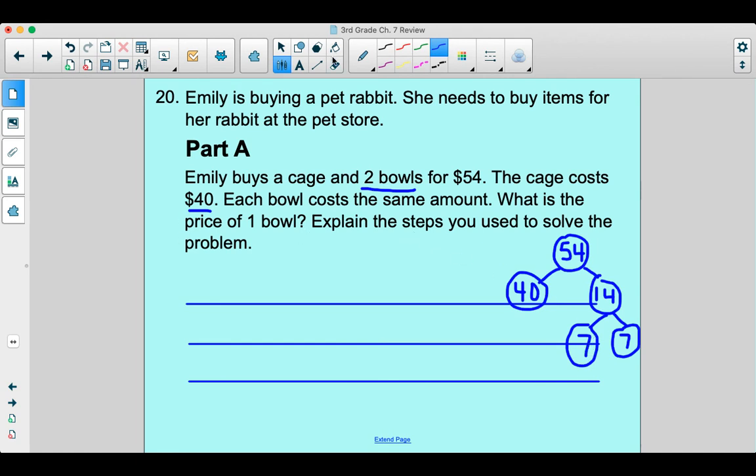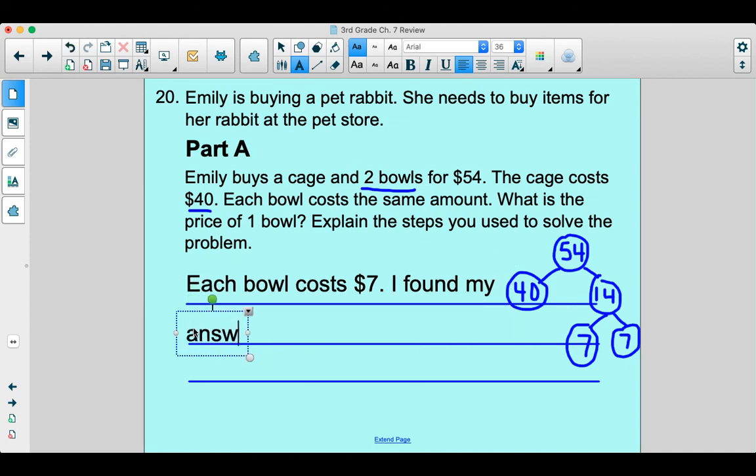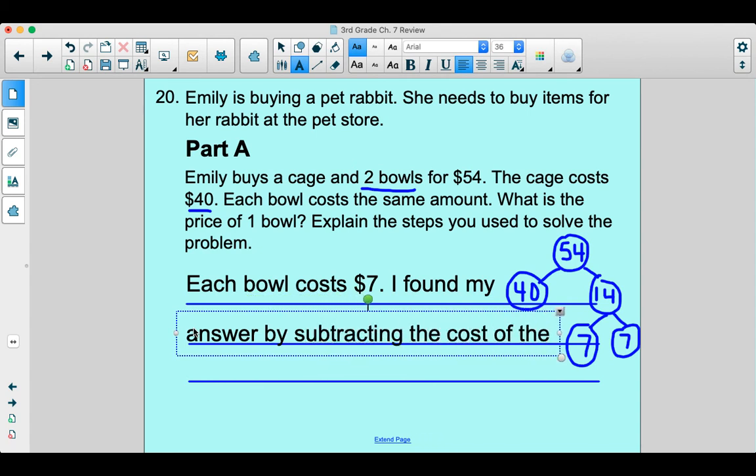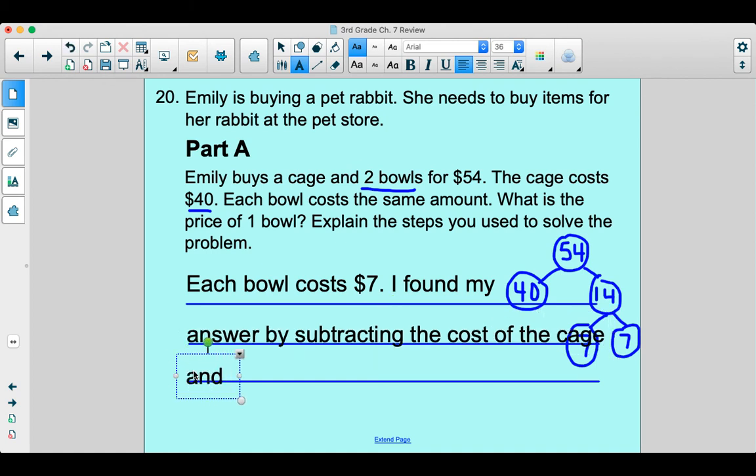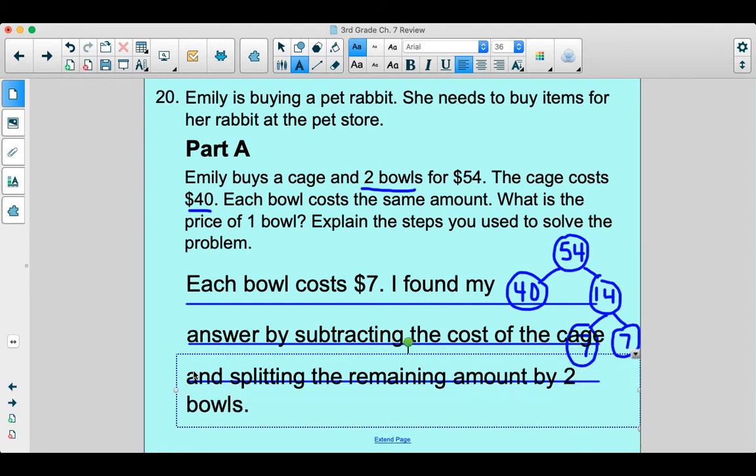Explain the steps you use to solve the problem. Okay, so each bowl costs $7. I found my answer by subtracting the cost of the cage and splitting the remaining amount by 2 bowls.